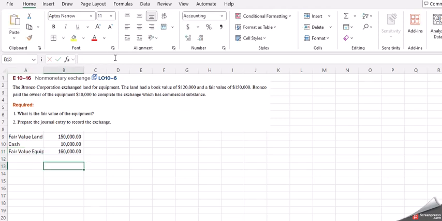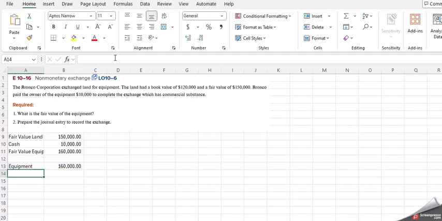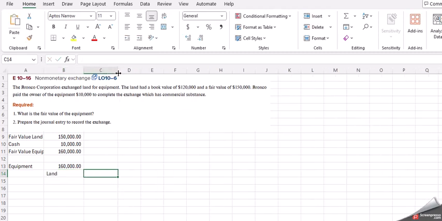So then when we go to do the journal entry, we are going to put in equipment at the 160,000. We are going to credit the land that we are giving up at our cost, or our book value.